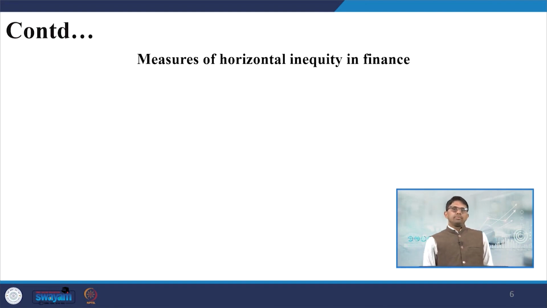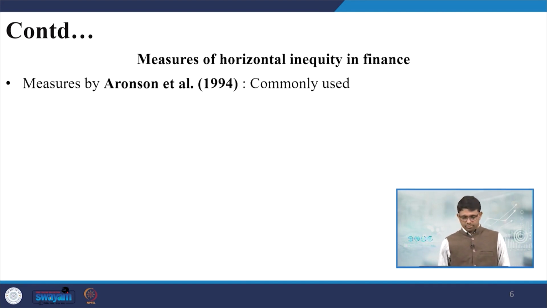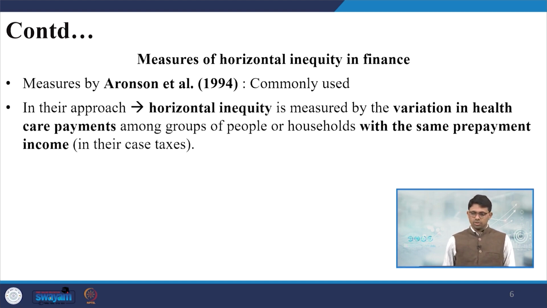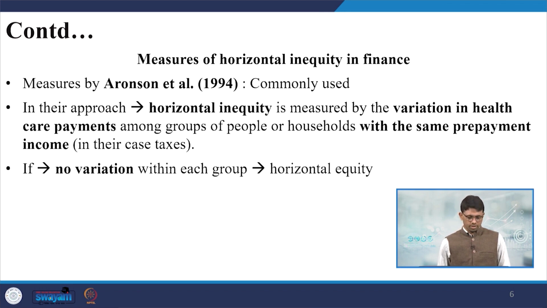So, there are different measures of horizontal inequity, especially in finance, mentioned by Aronson et al., and this is commonly used. The approach is that horizontal inequity is measured by the variation in healthcare payments among groups of people or households with the same prepayment income or level.